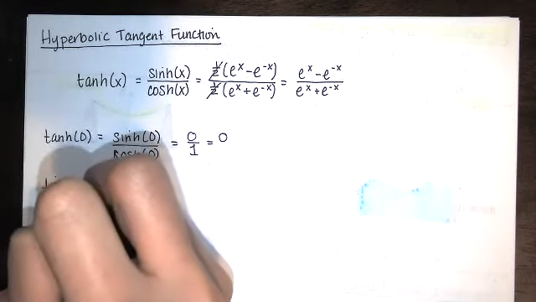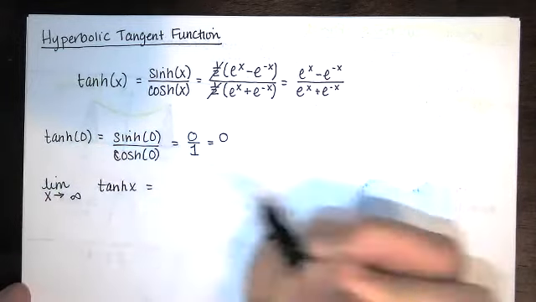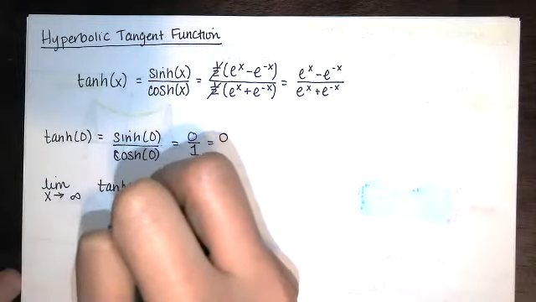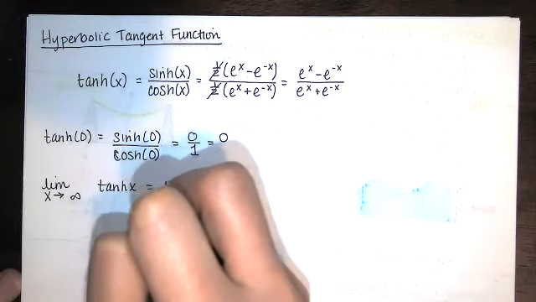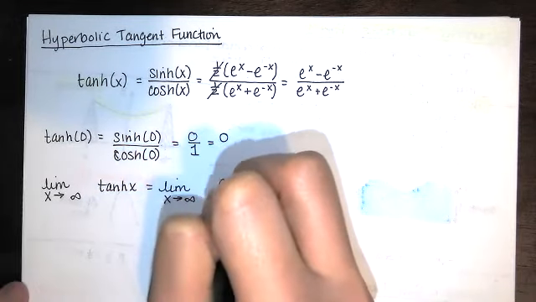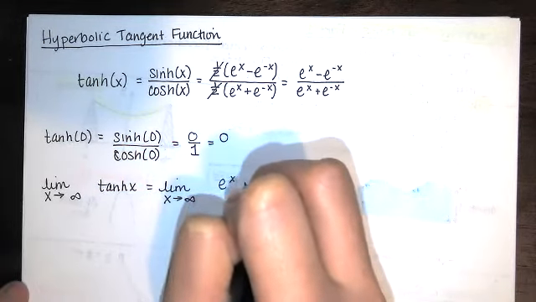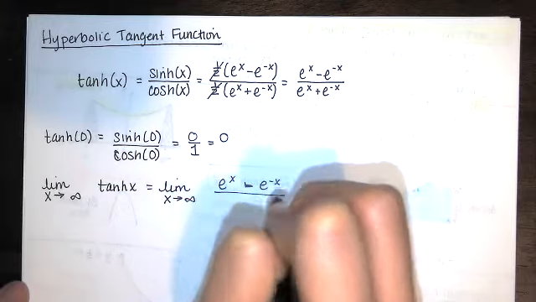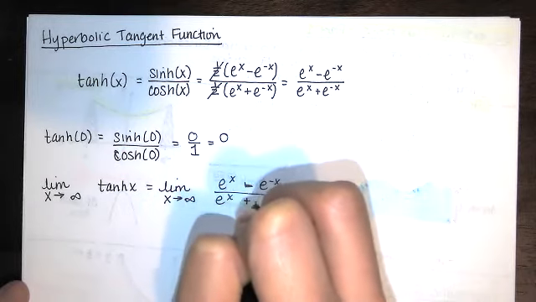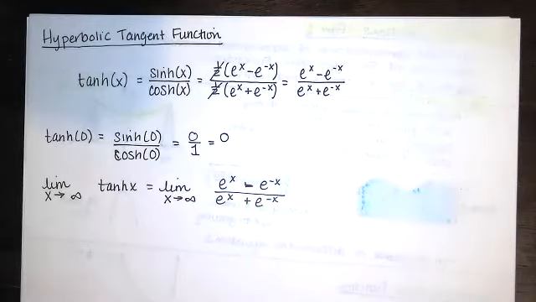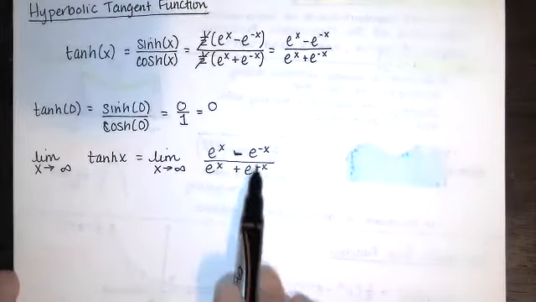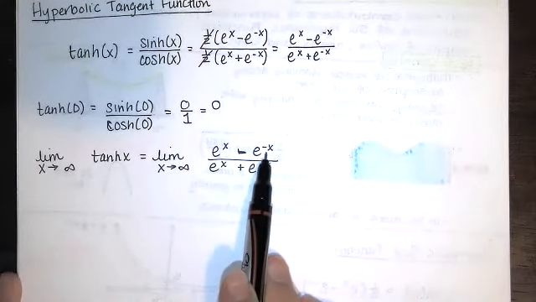So let's look at the hyperbolic tangent as x goes to infinity. Well, remember, as x goes to infinity, this is e to a large negative power.